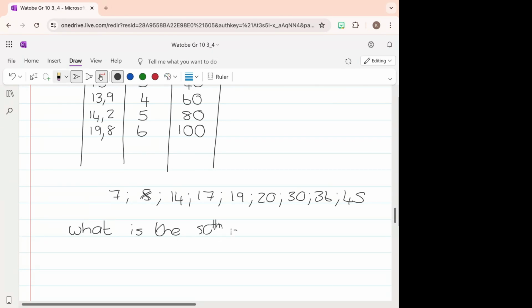It's not calculated. Sorry, guys. Pen is running flat now too. What is the median? Okay, so what is the median?